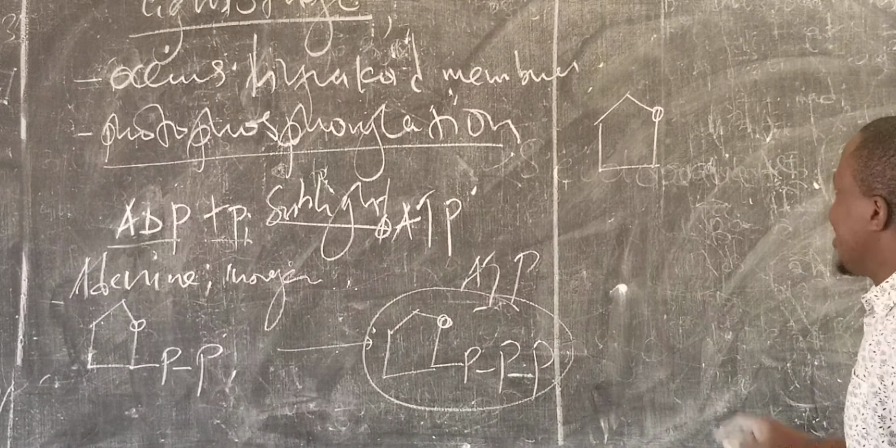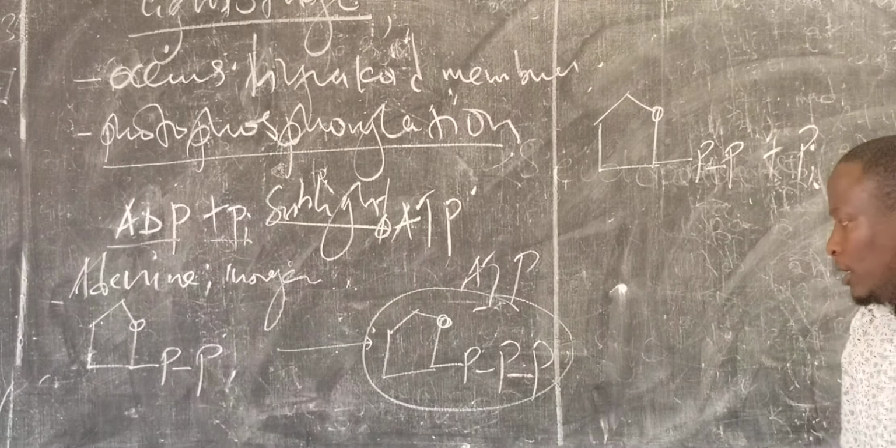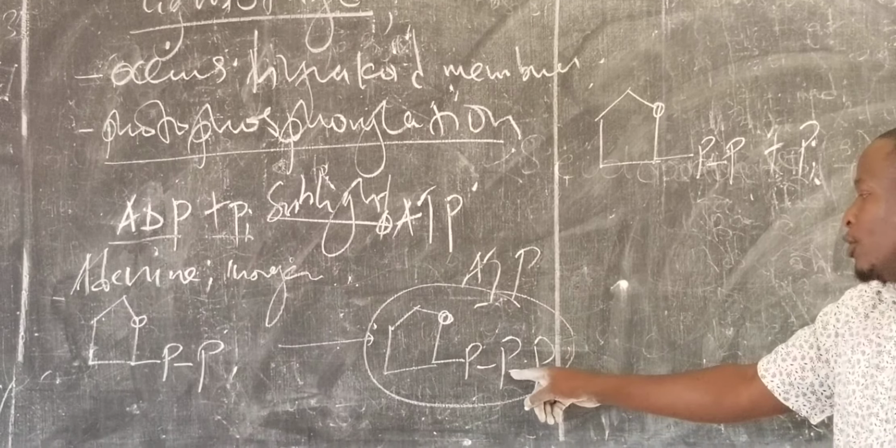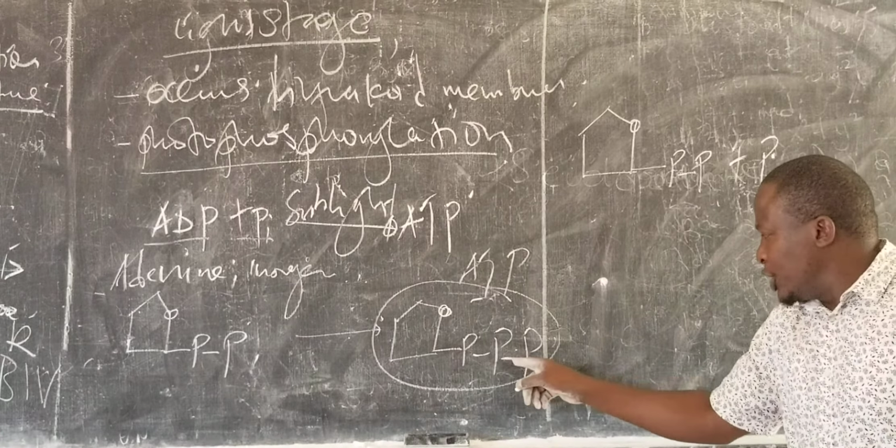We break it down and form ADP again and an inorganic phosphate. Breaking this bond, bond energy can be the amount of energy change that occurs.